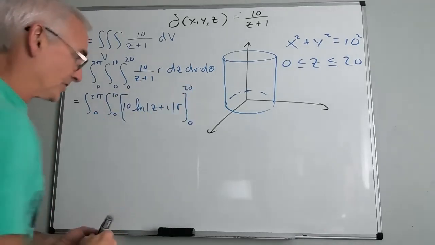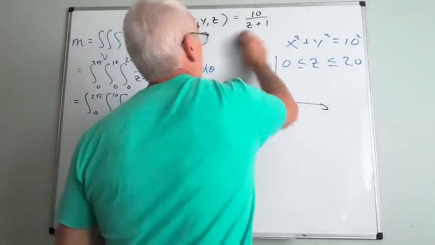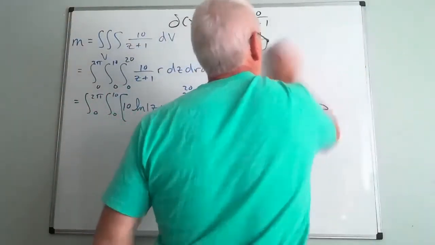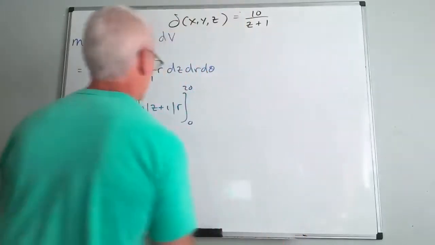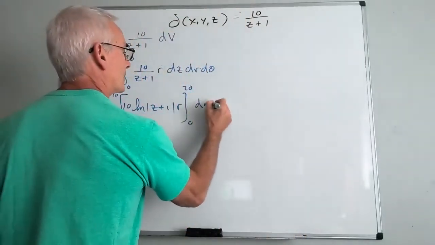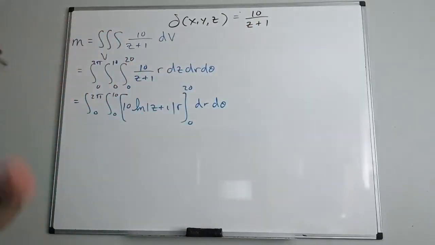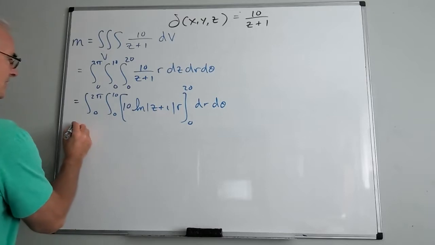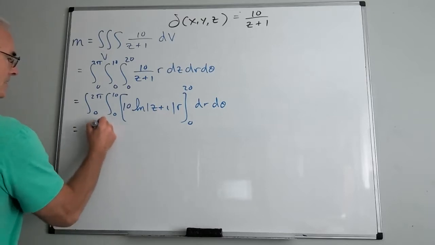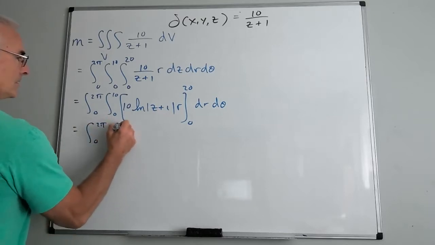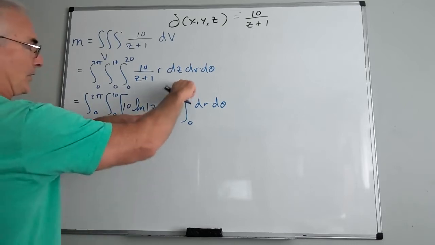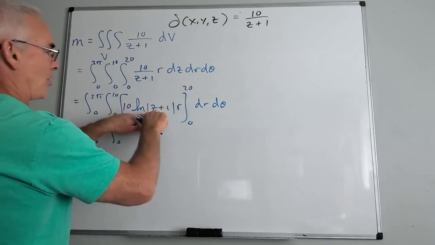I'm going to have to, unfortunately, now erase my beautiful drawing. dr d theta. What I'll do is after every integral, I'll just put the results up there so we don't lose anything. Now, this is actually not bad at all. This is going to be quite nice. Okay. When I replace with 20, this is going to be 10 times the log of 21.